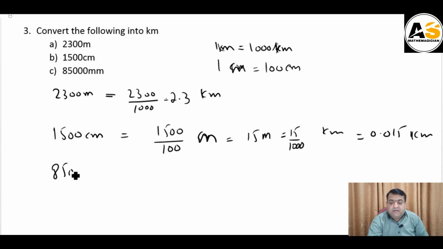Last part is 85,000 millimeter. 1 meter is equal to 1000 millimeter.